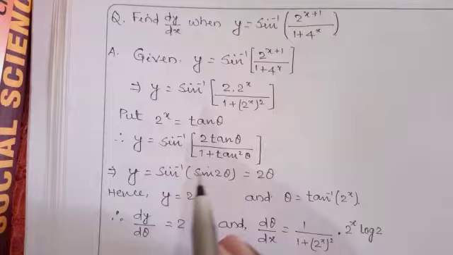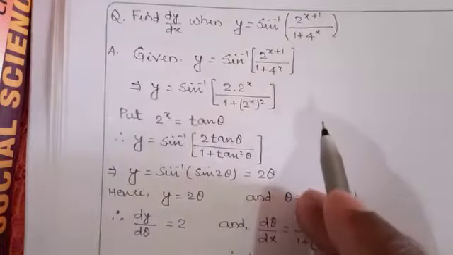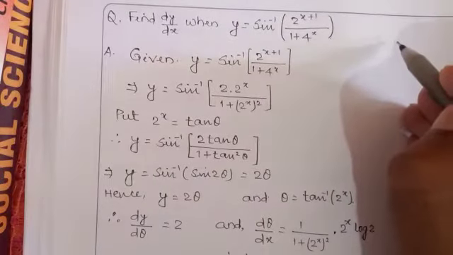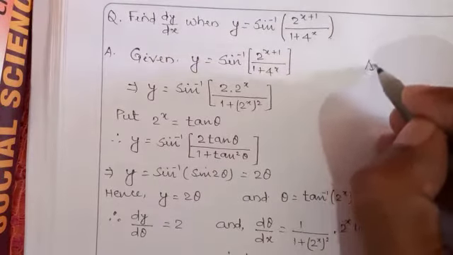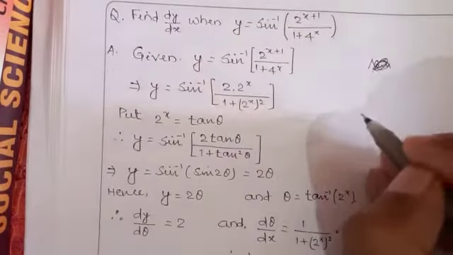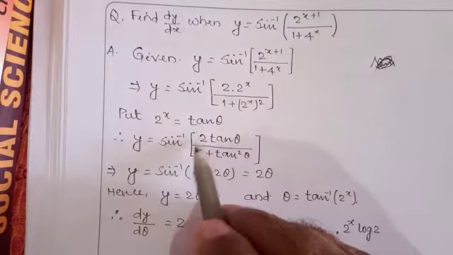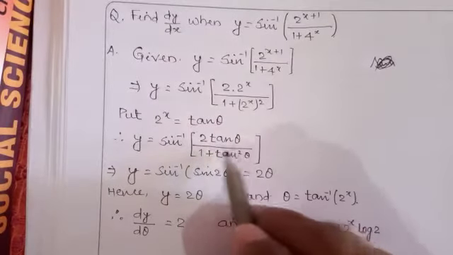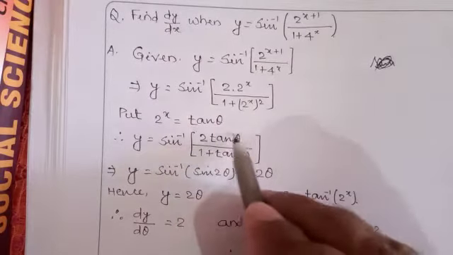Students, in class 11 you have read the formula of sine 2 theta in the form of tan, which is 2 tan theta upon 1 plus tan square theta. So 2 tan theta upon 1 plus tan square theta becomes sine 2 theta.